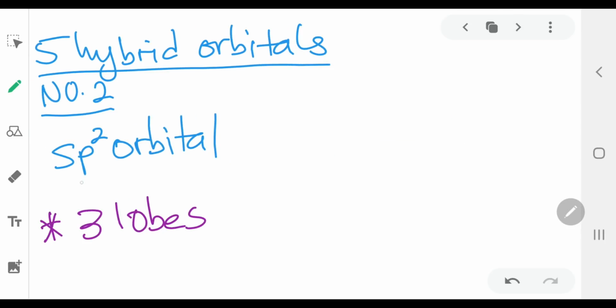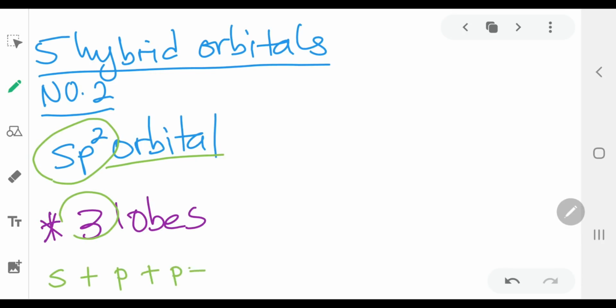So the second one is SP2 hybrid orbitals. It has 3 lobes. Why? Because to make SP2 hybrid orbitals, you need to combine or mix one s with 2 p orbitals.